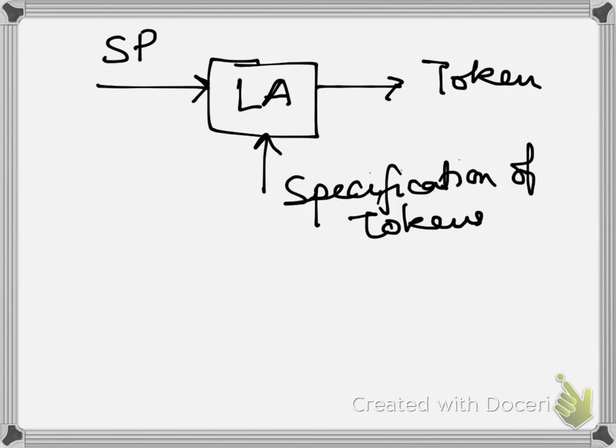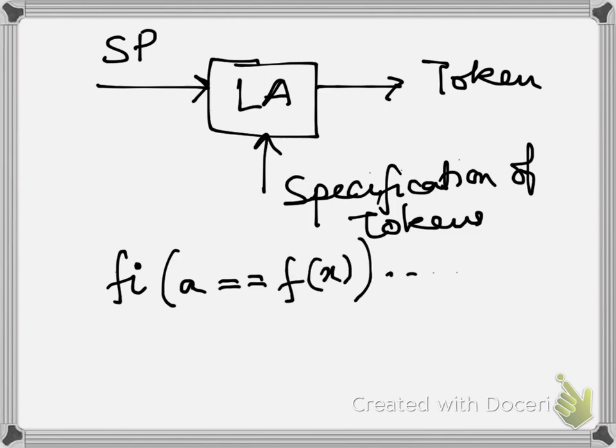Now what happens if it cannot determine whether it is a token or not? Say for example, I have this statement, f i (x), assumed to be in C. If you look at this statement, you can look at this identifier, or this particular string fi.